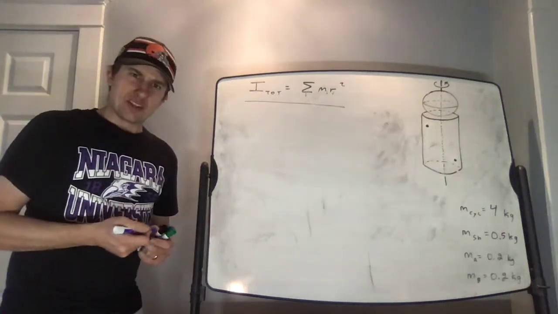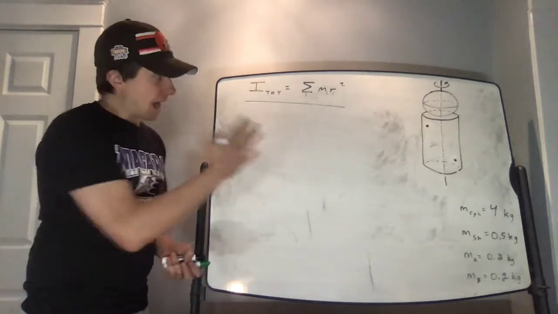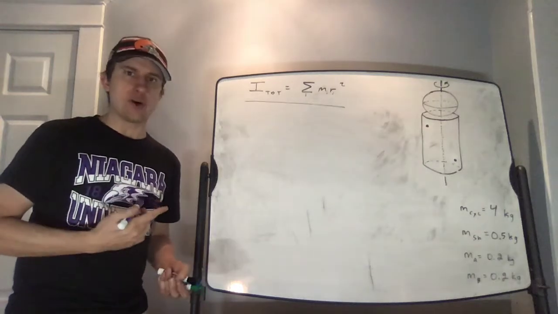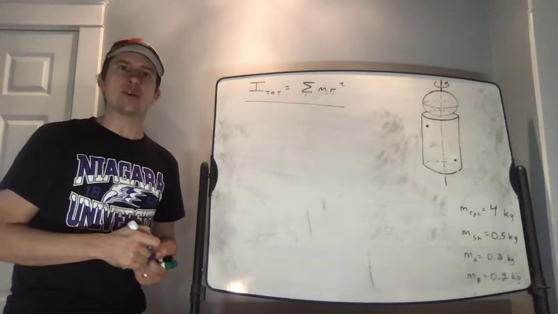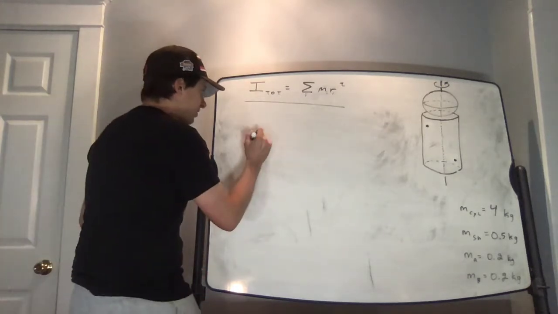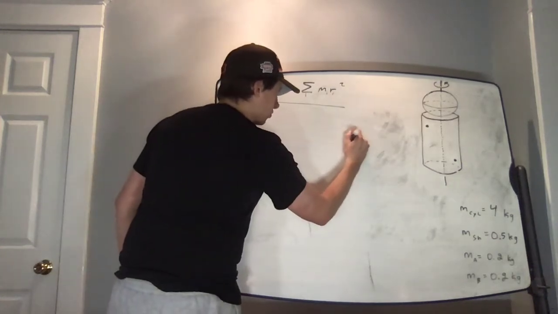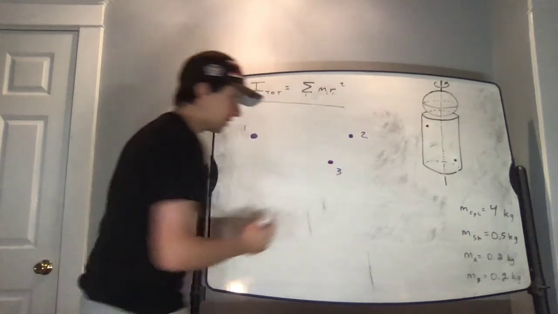To help us think about this scenario, for the moment, let's ignore this more complicated object and let's consider a simple physical setup of only 3 particles. If we only have 3 particles in a system, it's easy to keep track of everything. So we'll say here is the location of particle number 1, here's the location of particle number 2, and here's the location of particle number 3.